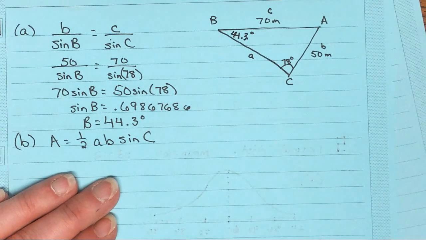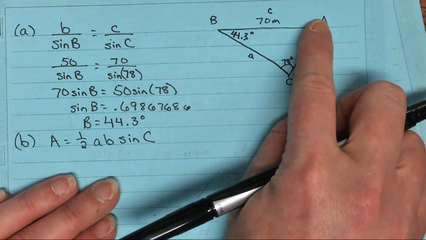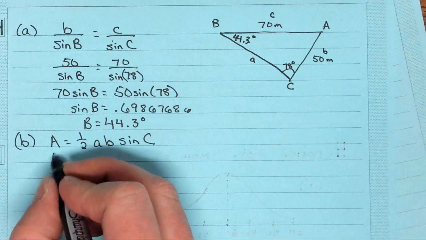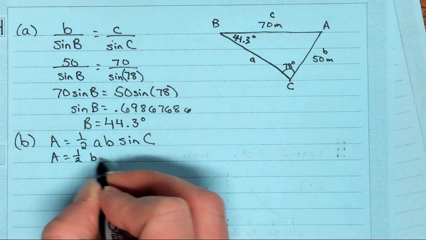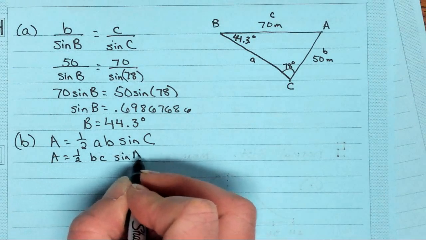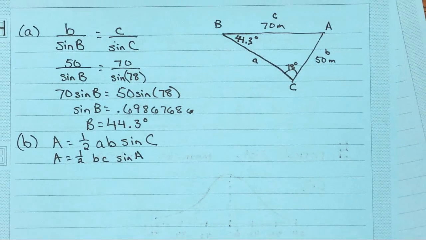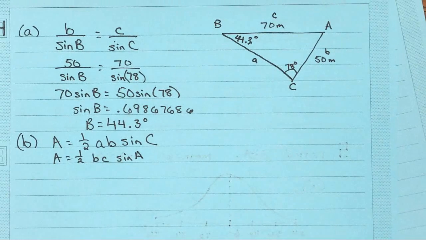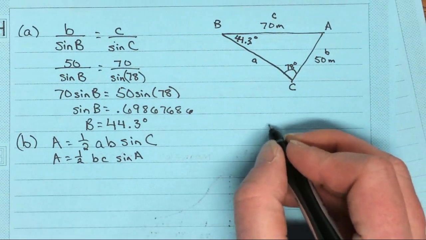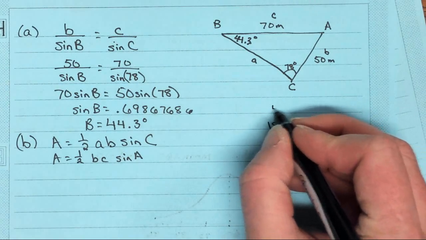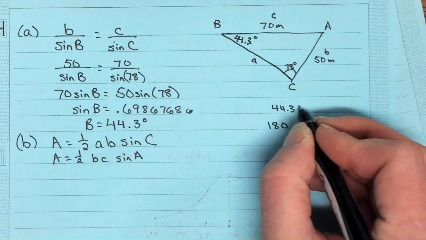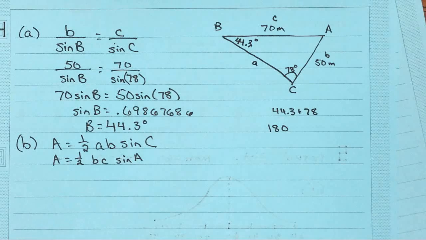No. What angle is between two adjacent sides? A. So I need to change this. We're going to do B, C, and the sine of angle A. But how do I find angle A? I only know B and C. You add 44.3 together with 78, minus 180. Or 180 minus that.